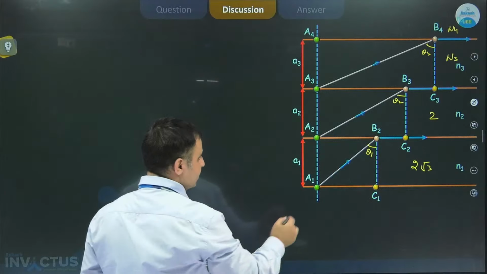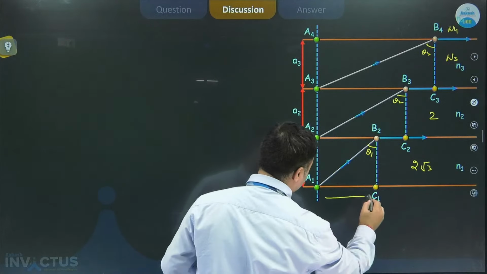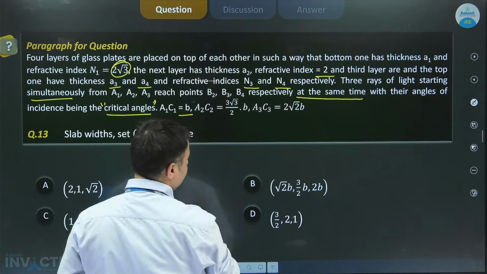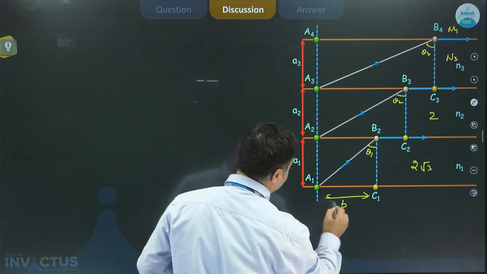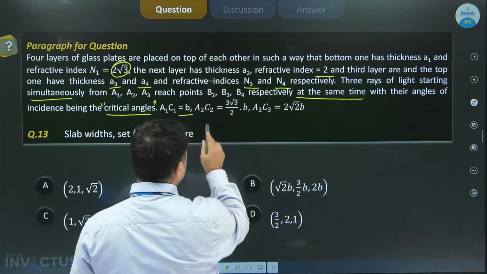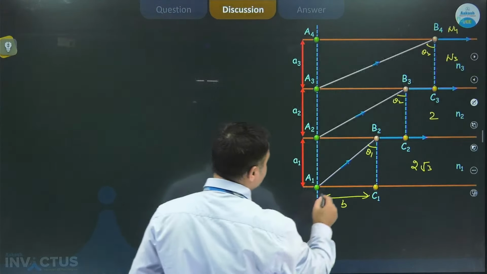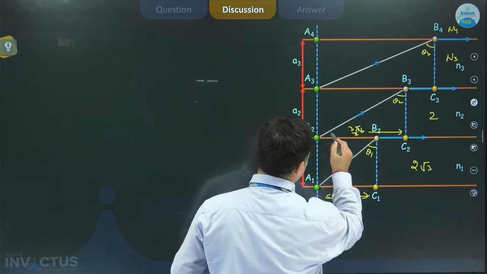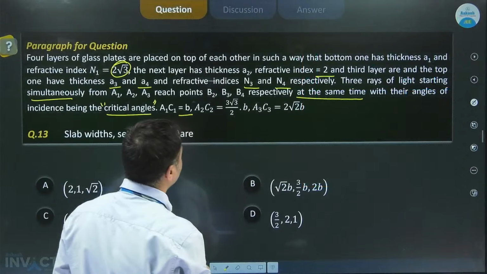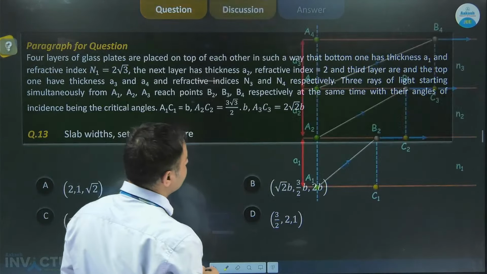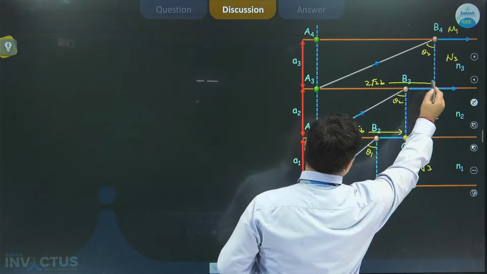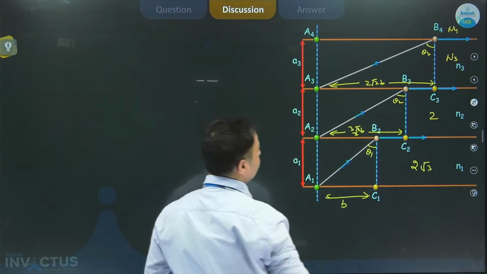Now this A1C1 distance is also given. Let this distance be B, and A2C2 is 3 root 3 by 2 into B, and A3C3 is 2 root 2 B. So these distances are given in the question.